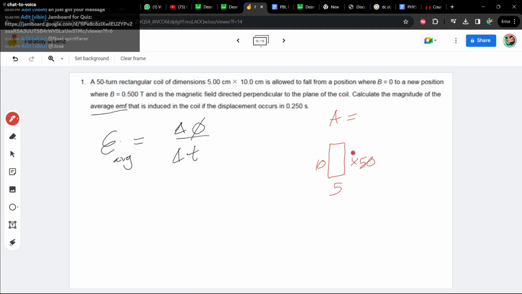2500, 50 times 50. 2500 centimeters squared, which of course you convert to meters squared.